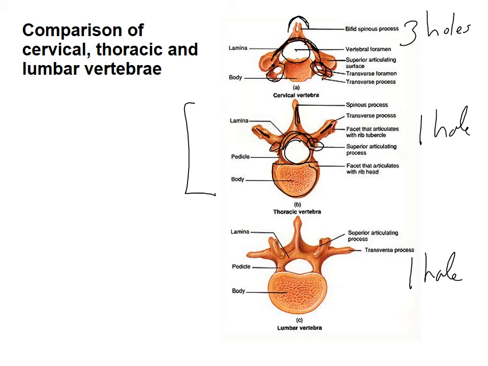It's the vertebral foramen. Then in the lumbar vertebrae, you have the lamina here and here, pedicle here and here. Superior articular process is moved posterior a little bit, and the transverse processes point out to the side rather than pointing backwards or posteriorly like the thoracic vertebrae.